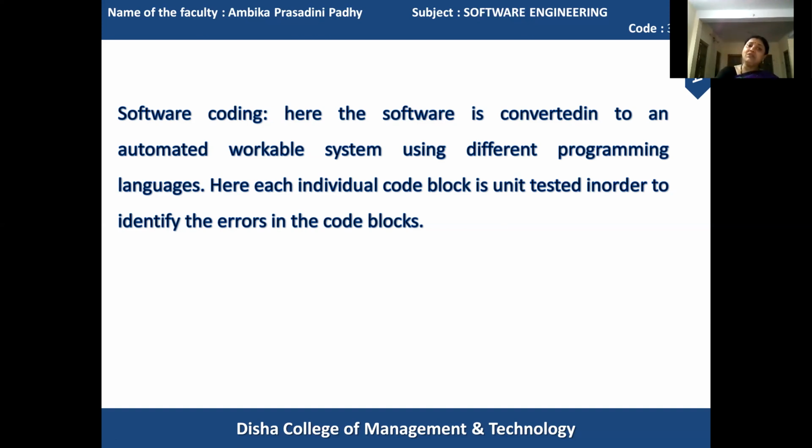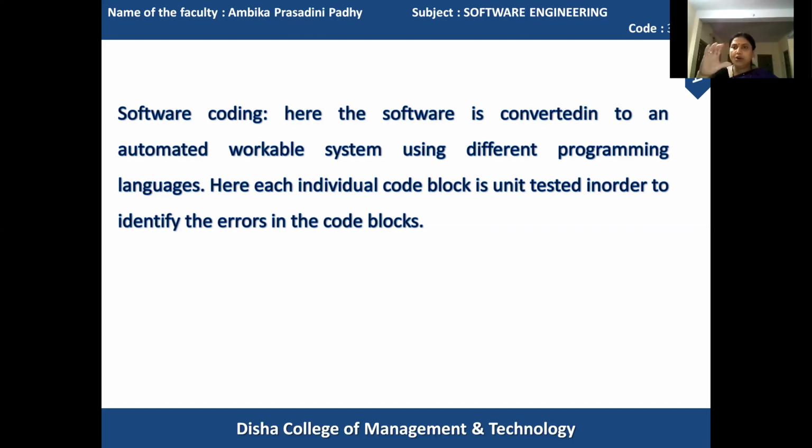And the individual code blocks prepared here will be unit tested in order to identify the errors in the code blocks. And whichever errors are found, those can be solved thereafter. The unit testing will execute a particular code block, and inside the code block, whichever small errors are identified, they are debugged and corrected.